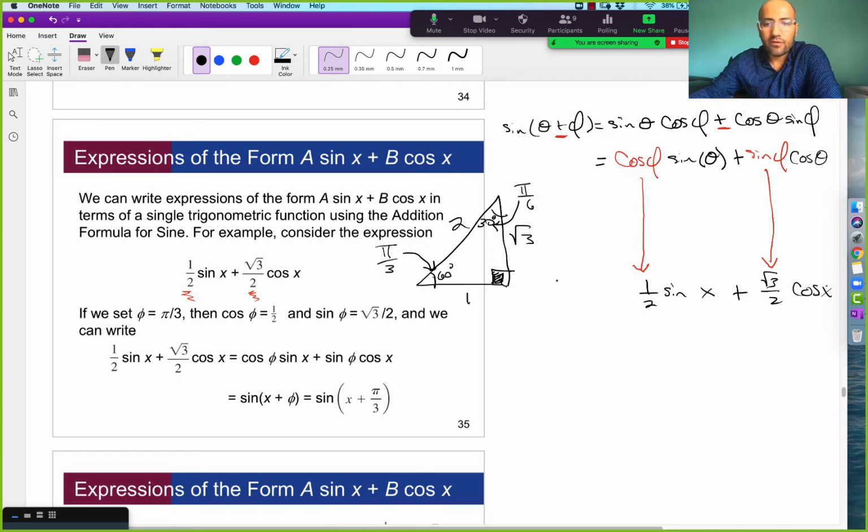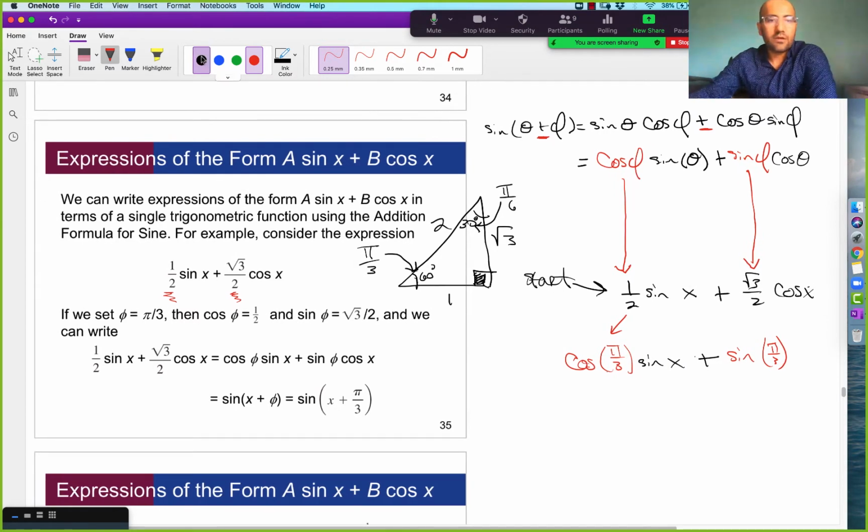So this is a way to replace those. We're going to start here with what's given. Oh, look, the 1/2 is the same thing as cosine of pi over 3, times sine of x, plus root 3 over 2, which is sine of pi over 3, times cosine x.